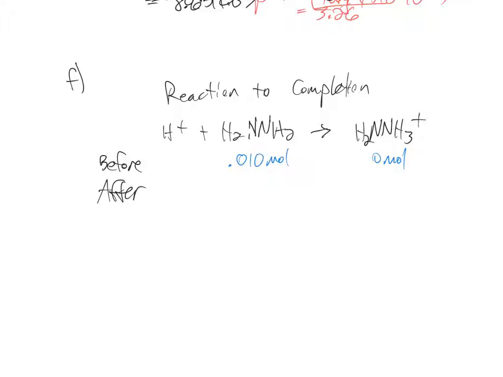The only thing that's going to be different this time is we've got 100 milliliters of the strong acid added. 100 milliliters or 0.1 liters times 0.2 molar gives us an initial number of moles of 0.02. Here, the initial number of moles of the strong acid is bigger than the initial number of moles of the weak base. So it's the weak base that goes down to 0 in the reaction to completion table.